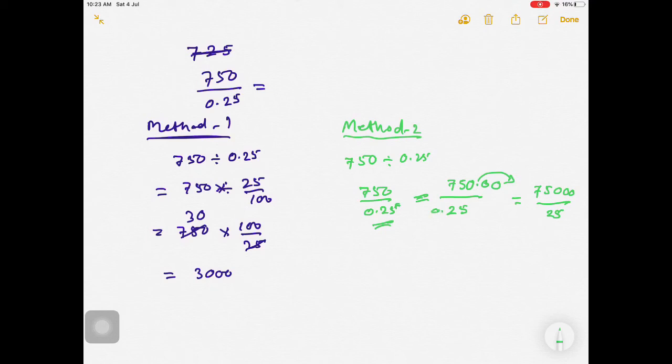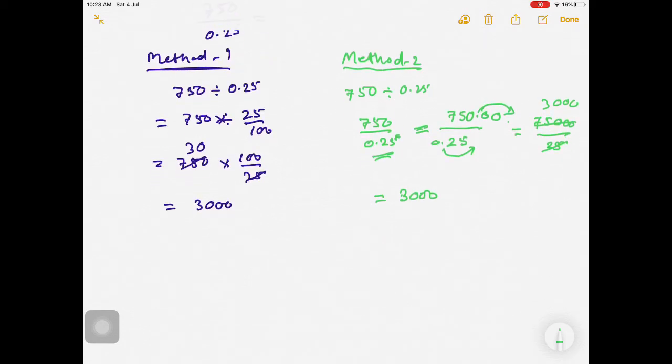Now here also we have moved it 2 places. In the numerator also we have moved the decimal 2 places. So it is 75,000 by 25 and that is equal to, 25 into 3 is 75, then 1, 2, 3 zeros. So it is 3000. So in this way we have divided a decimal number by another decimal number.